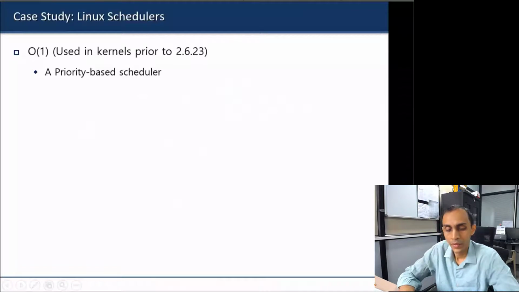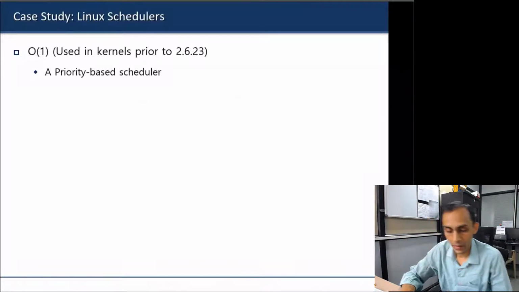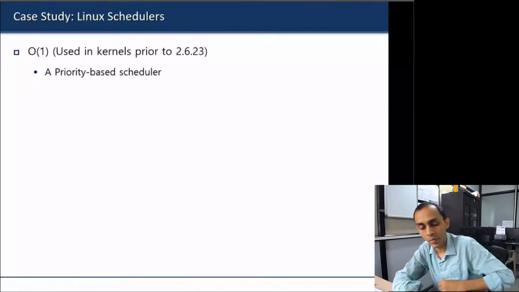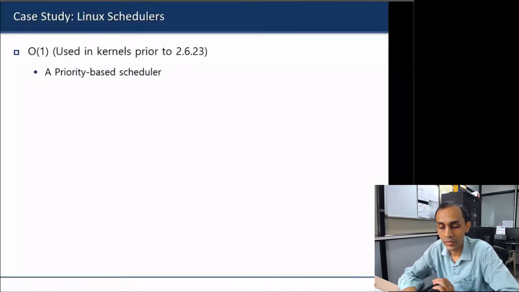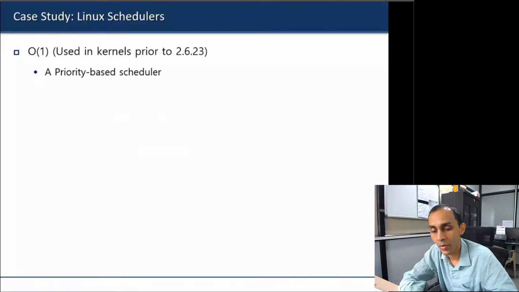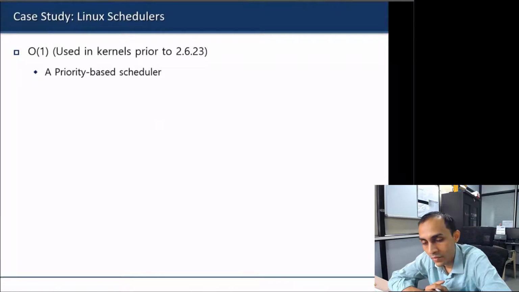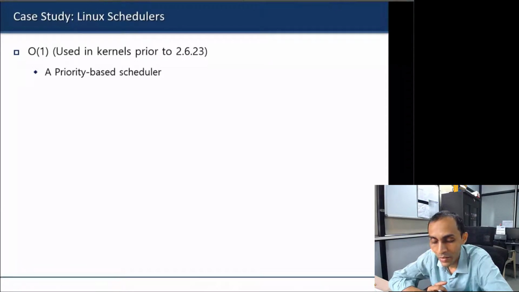Okay, so let us come to the case study. We don't have a lot of time, so let us talk about some of the modern day Linux schedulers. Most of the discussions we are going to do in terms of Linux, because Linux is open source and most of the textbooks talk about Linux. But it will be a good reading exercise for all of you to see what other OSs like Windows and Mac OS use.